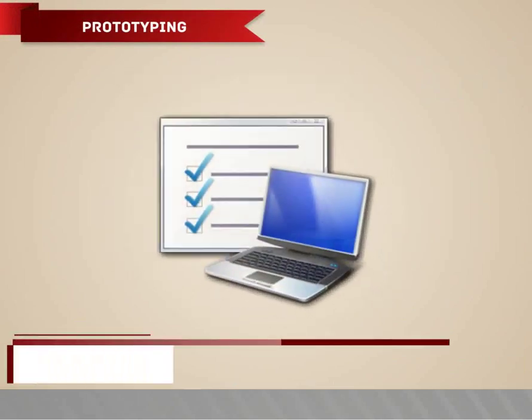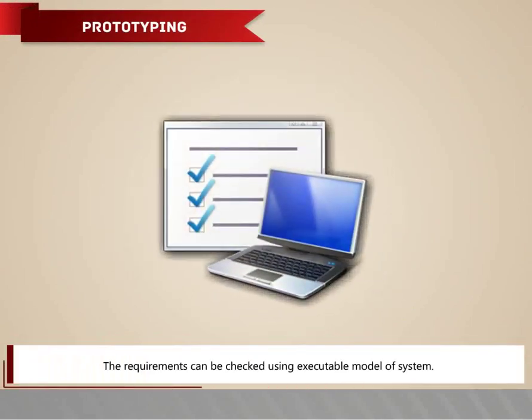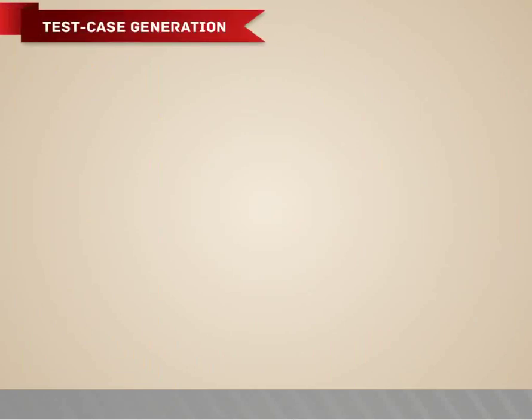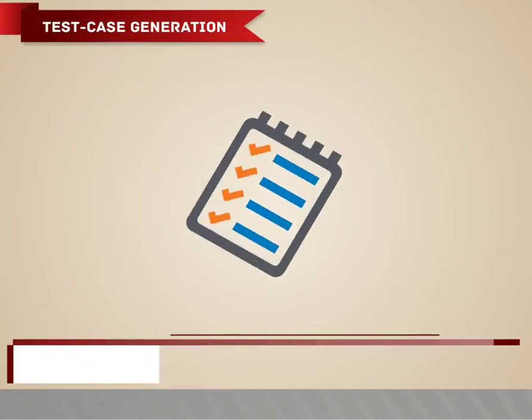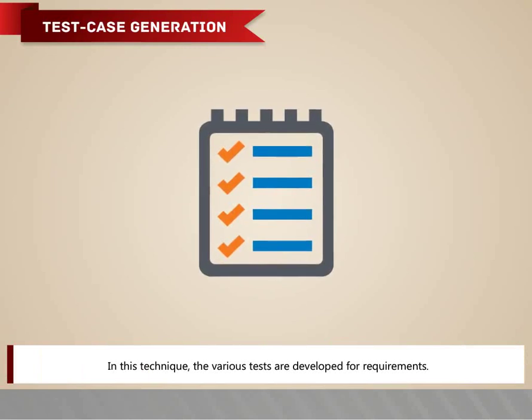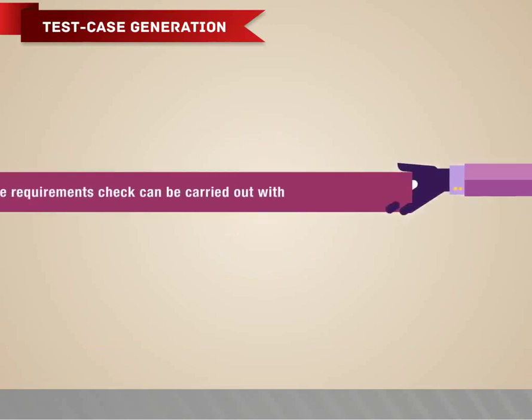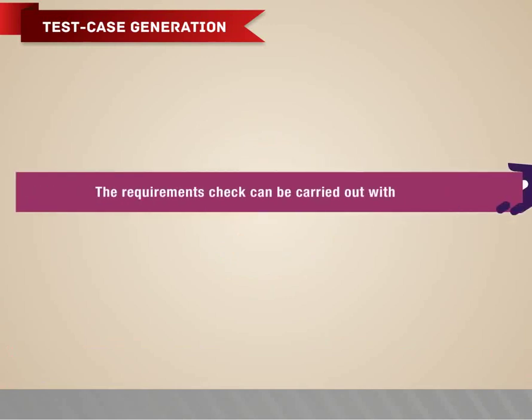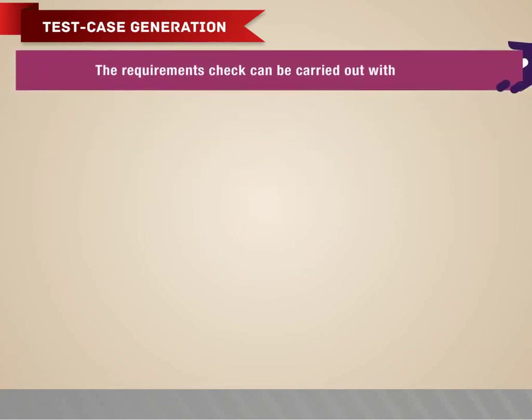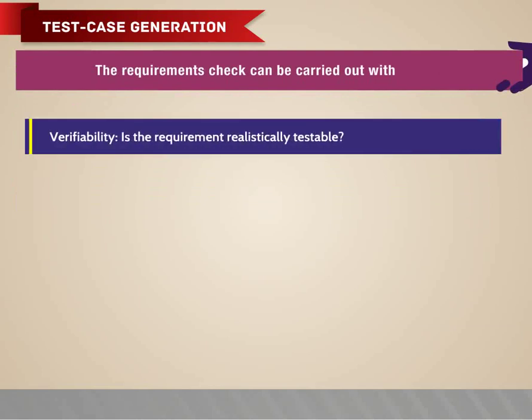Prototyping. The requirements can be checked using an executable model of the system. Test case generation. In this technique, various tests are developed for requirements. The requirements check can be carried out with verifiability.